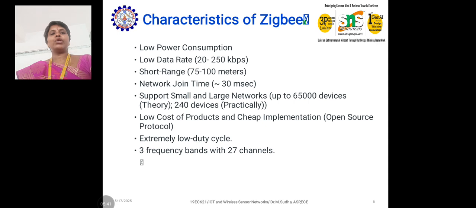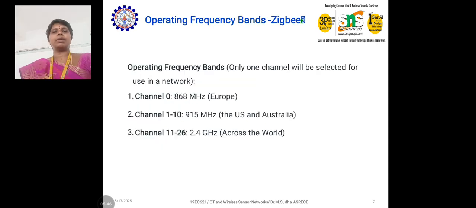And 3 frequency bands with 27 channels, these are the characteristics of Zigbee. Operating frequency band of Zigbee: already for Bluetooth we mentioned the unlicensed band frequency, right? Here only one channel will be selected for use in a network.